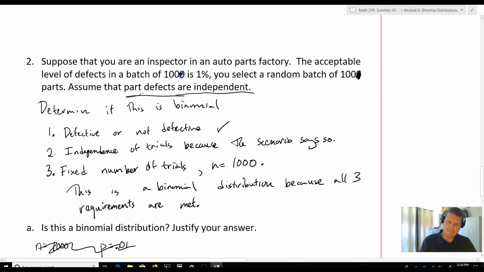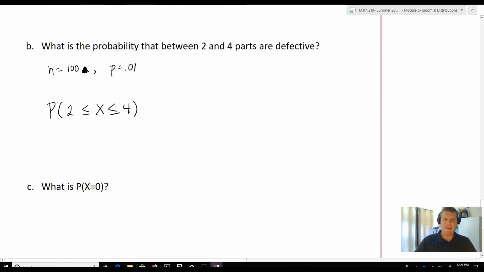So now I'm asking, what's the probability that if I select 100 parts at random, between 2 and 4 of the parts are going to be defective?